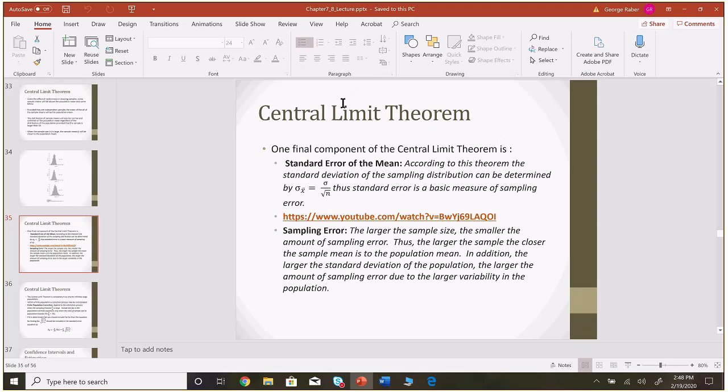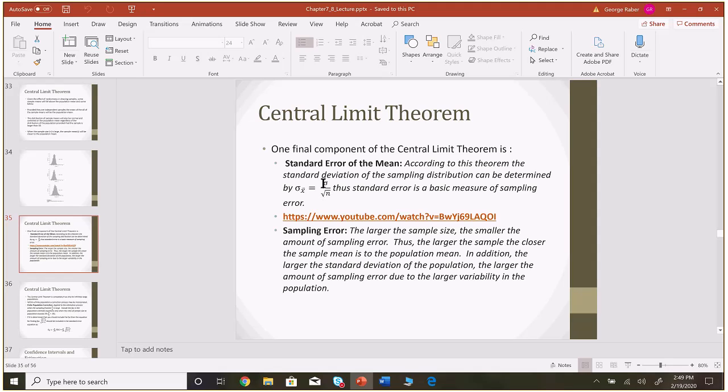Here's another little video that talks about the central limit theorem and this concept of the standard error of the mean. The standard error is basically the standard deviation divided by the square root of n, the total number of values that you have.